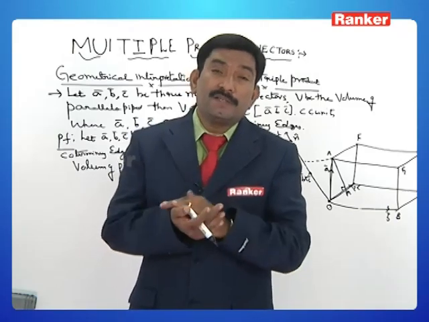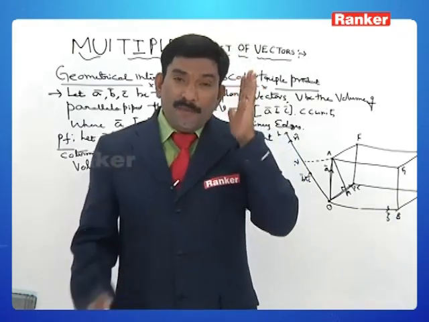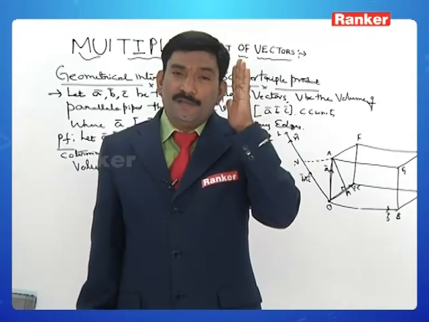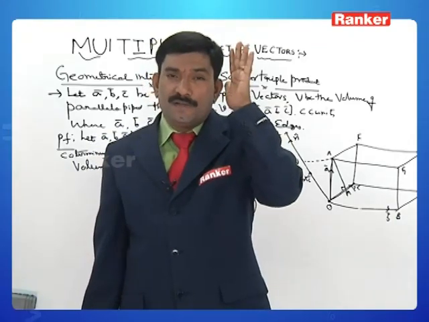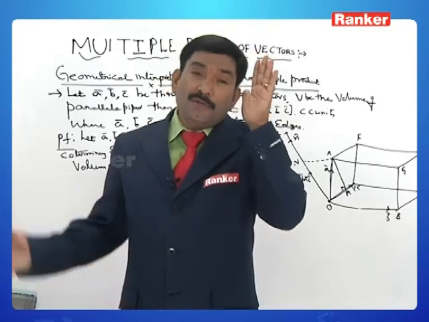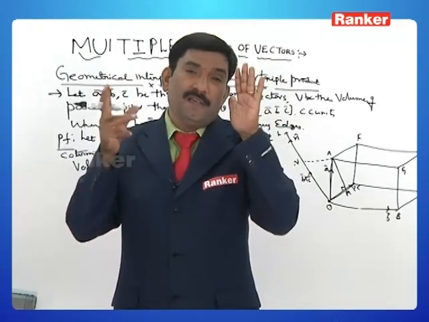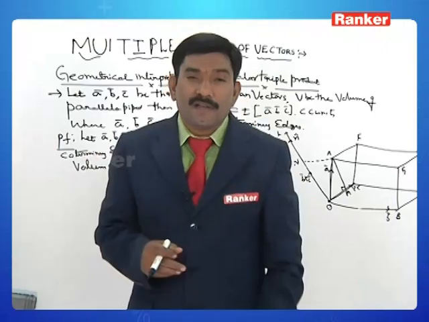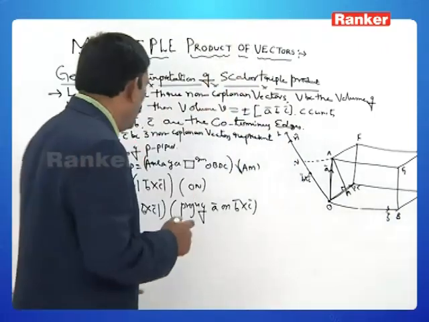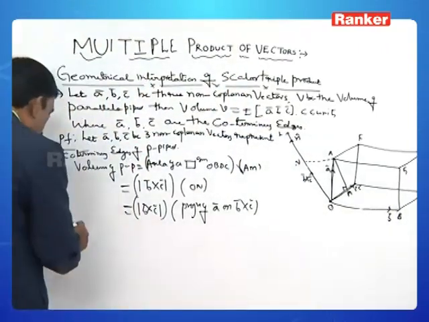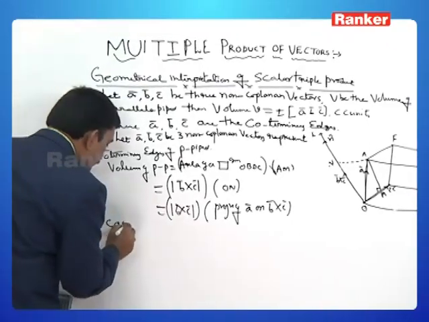You have to change the direction of A bar. When A bar and B bar cross C bar are in opposite directions, then to get into a right-handed system, minus A bar, B bar, C bar are in a right-handed system. So therefore, now case 1 comes. What is case 1?